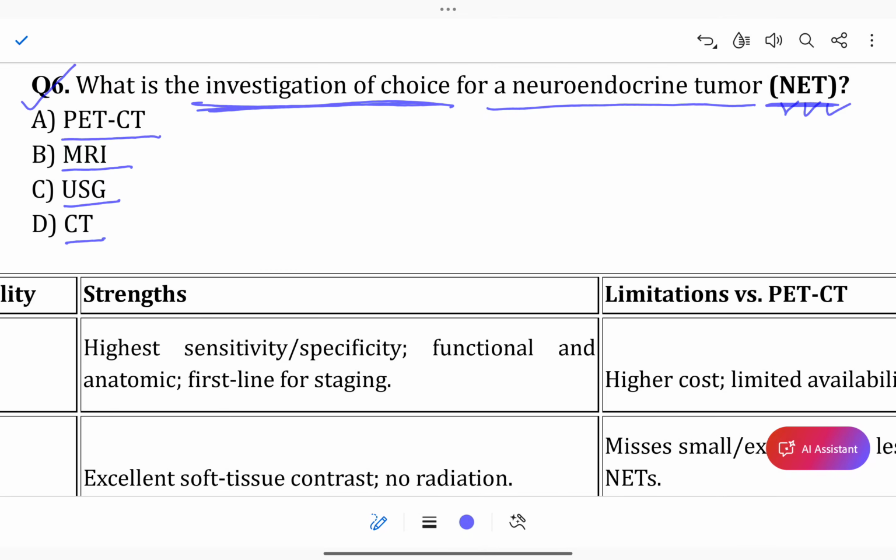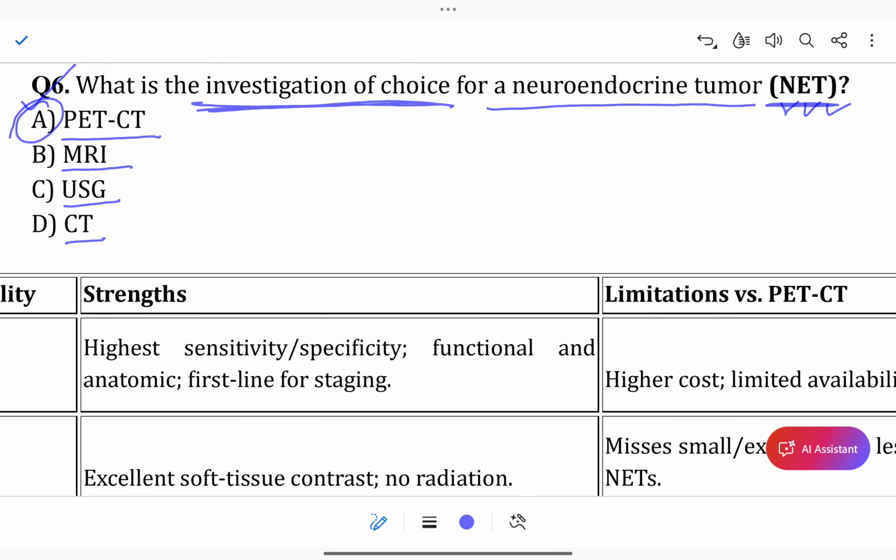Read again. What is the investigation of choice for neuroendocrine tumor? The investigation of choice is PET-CT. Neuroendocrine tumors are rare neoplasms arising from neuroendocrine cells that possess both endocrine, hormone-secreting, and neural features.